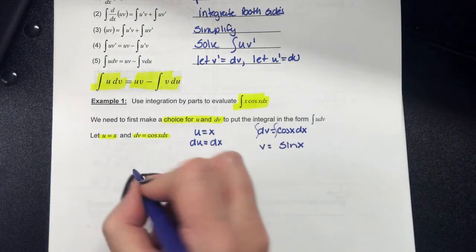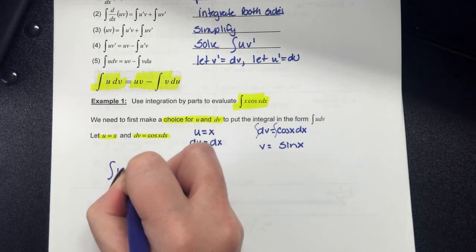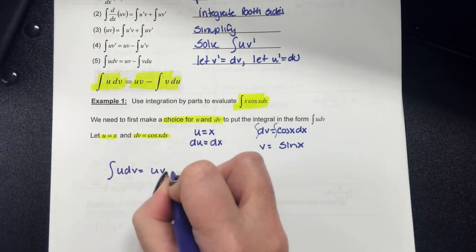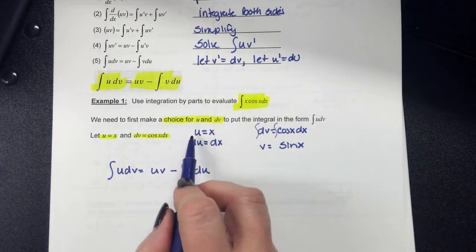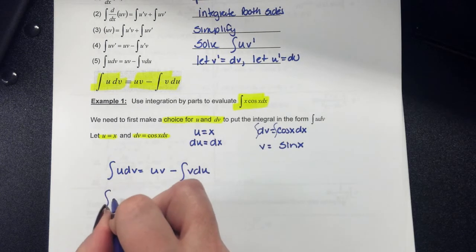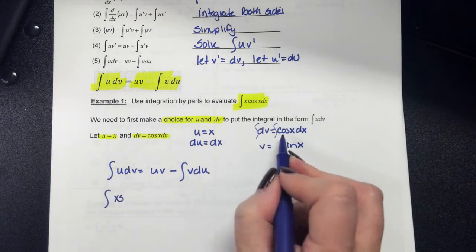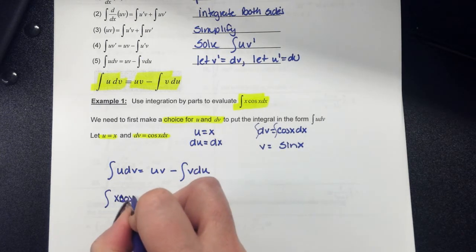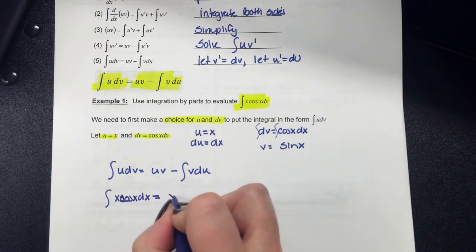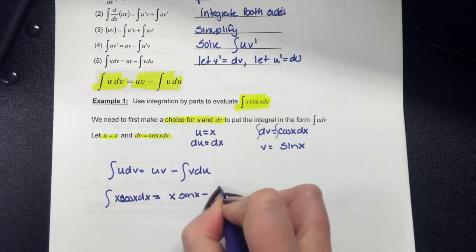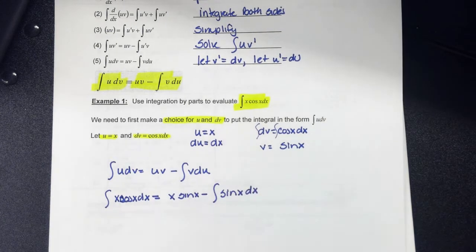Then I'm going to integrate using parts. The integral of u times dv is going to be equal to u times v minus the integral of v times du. Since u is my x and v is my sine x, the integral of x times cosine x is going to be equal to u times v, which is x times sine x, minus the integral of v times du, which is sine x dx.